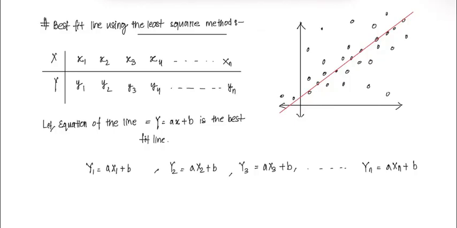Here, this y1 and x1, all these values, will satisfy the equation when the line passes through the best fit line.